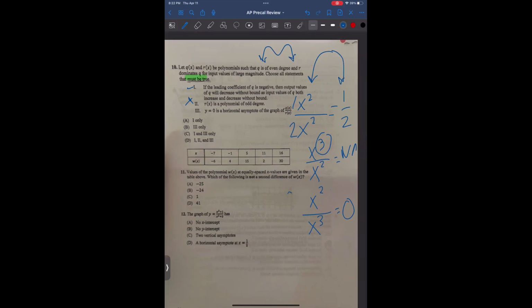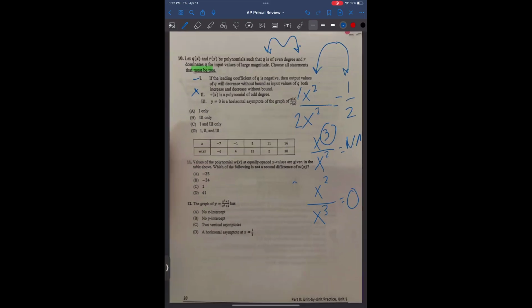Not because it can't be 1 greater, but who's to say. So I'm really looking at these two, right? Obviously this one can work, based on what we're saying about R having a higher degree.